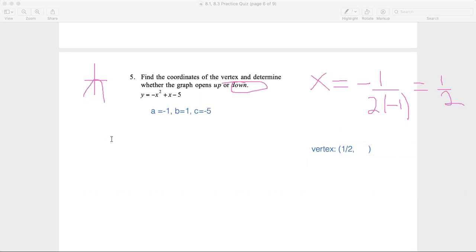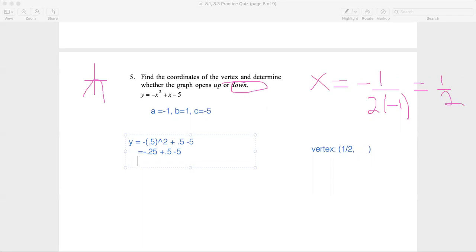So to find the y value, you simply plug it in. So that would be y equals -0.5, I'm turning 1/2 into 0.5, squared plus 0.5 minus 5. Remember the negative is on the outside, so don't square that. And then 0.5 squared is 0.25, plus 0.5, and then minus 5.